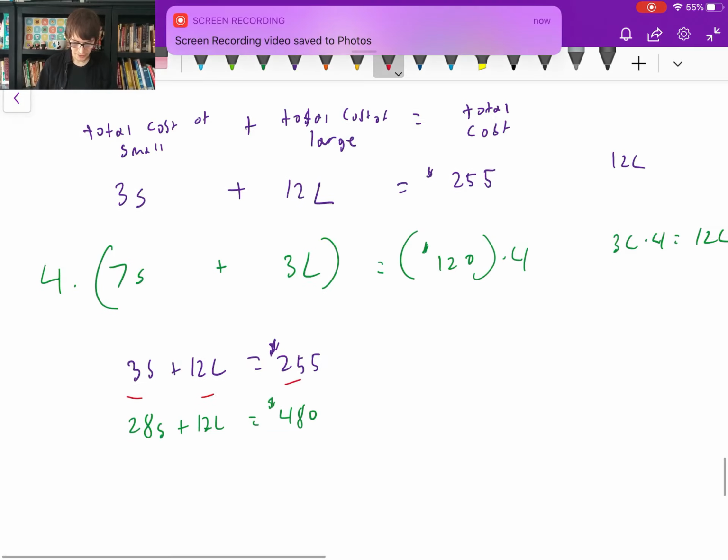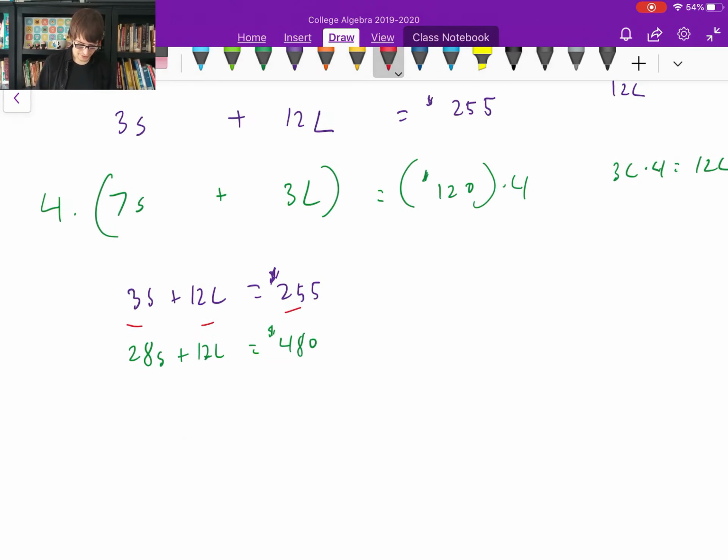So 3 minus 28: I've got $3 and I have to buy something that's $28, so I still owe $25 even after I give $3. So negative 25S. Then 12L minus 12L is just 0.